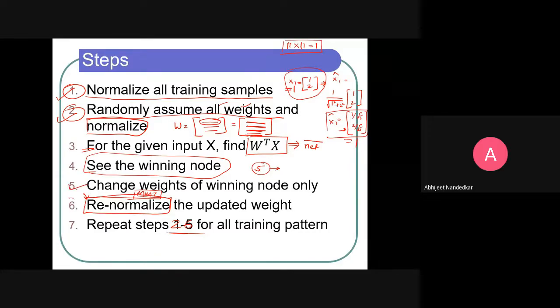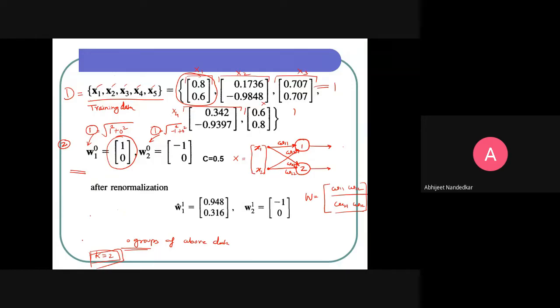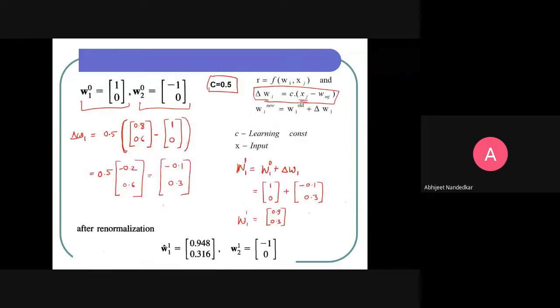Now the sixth step, don't forget this, is to renormalize. You can check here the length of this vector. The length is 0.9 squared, so 0.81, plus 0.3 squared, so 0.09. So its length is the square root of 0.9. Am I right? Is this fine?